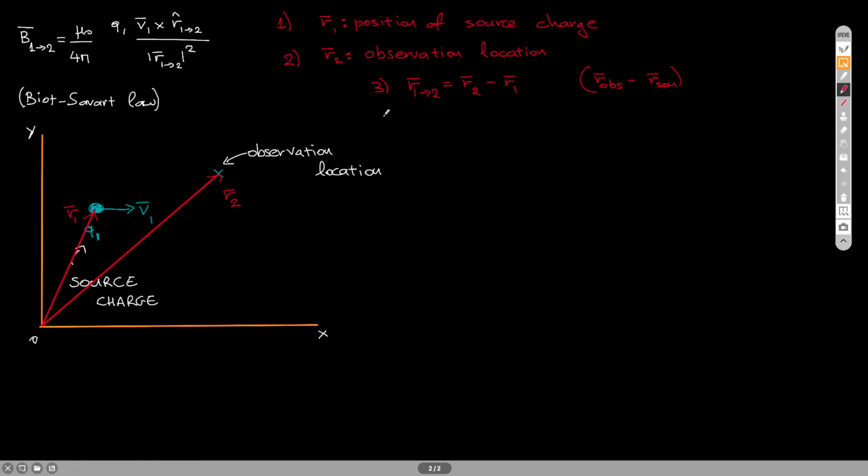Now, once you have this, next step, you will find the magnitude of the vector you found in step 3. To find the magnitude, you will do the square root of the sum of the three components squared: x squared plus y squared plus z squared. Next step, you will use your results from steps 3 and 4 to find the unit vector.